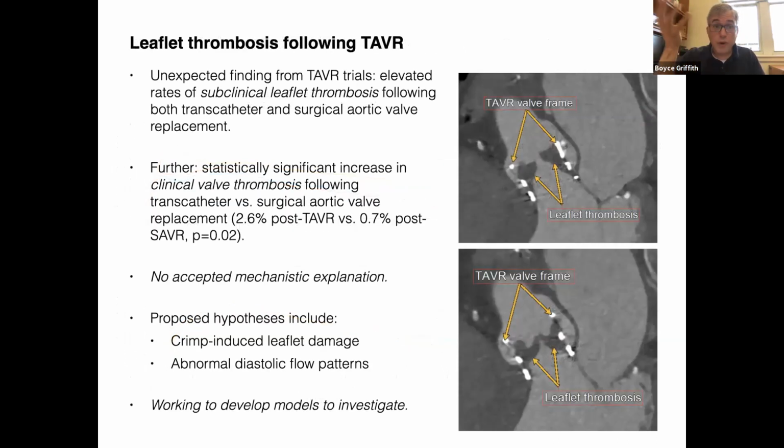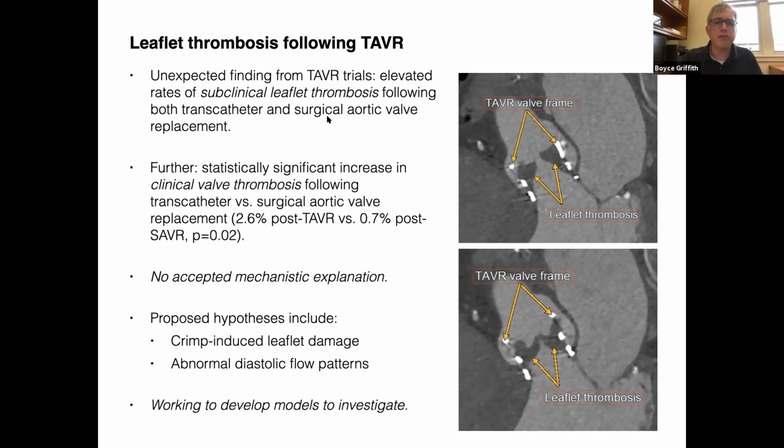One of the emerging concerns with transcatheter valve devices is the finding of what's called subclinical leaflet thrombosis, and this was found in clinical trials of new TAVR devices. There are elevated rates of subclinical leaflet thrombosis, so thrombus that forms on the bioprosthetic valve leaflets that's not severe enough to require urgent surgical intervention.